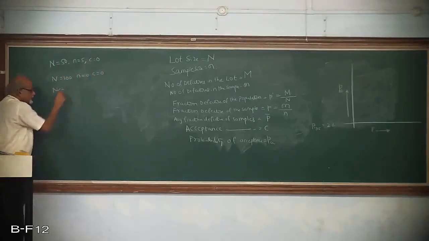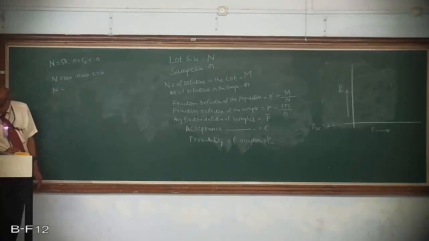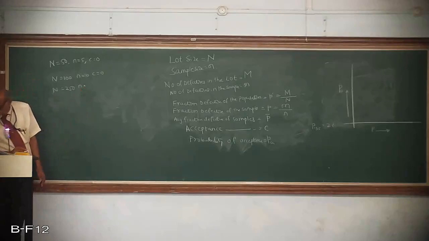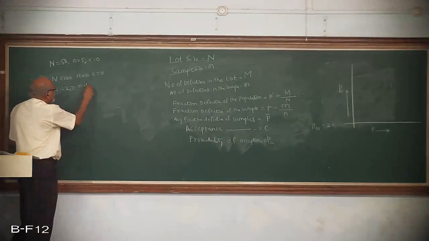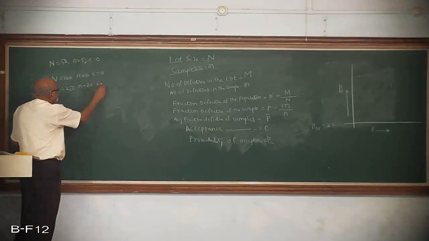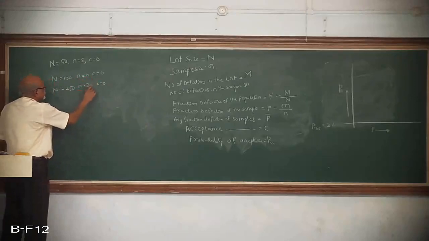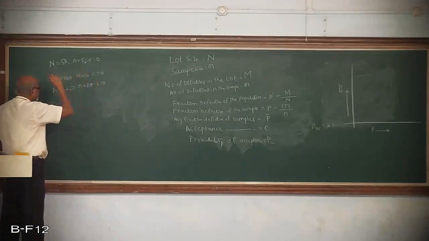Third one I'll consider, N is 250, small n is 20 and C is 0. I could have put this as 25 if I want. Okay.